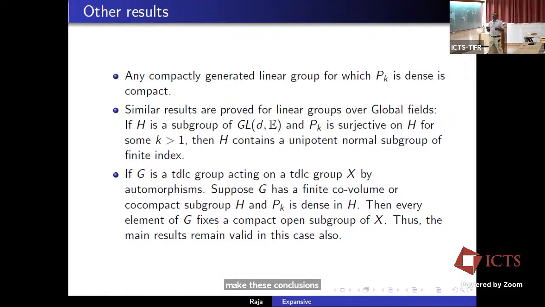The same conclusion can be derived by assuming that the power map is dense in this subgroup, which either has finite co-volume or is co-compact. Then all the properties remain valid in this situation also.